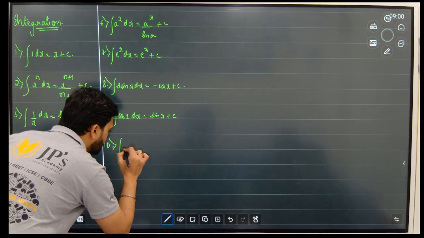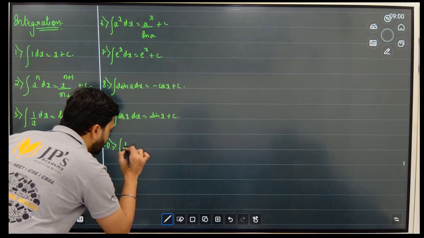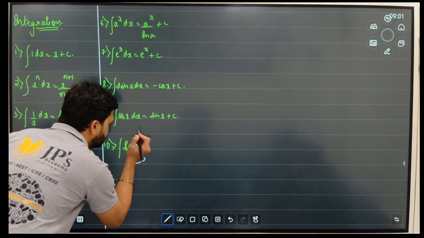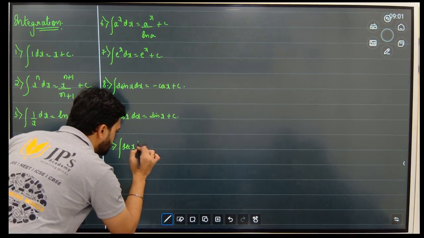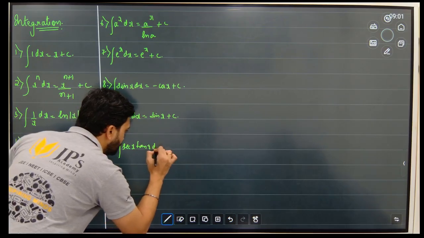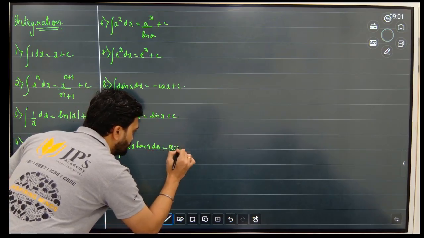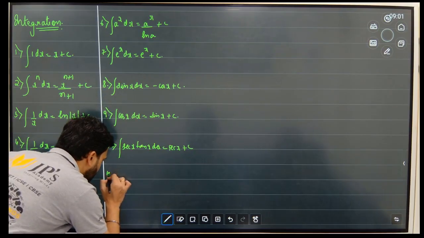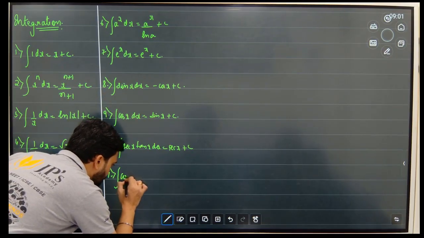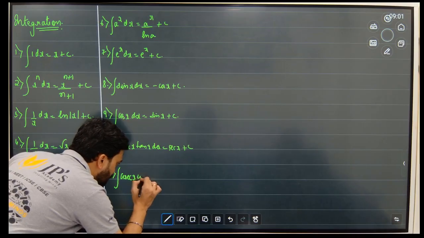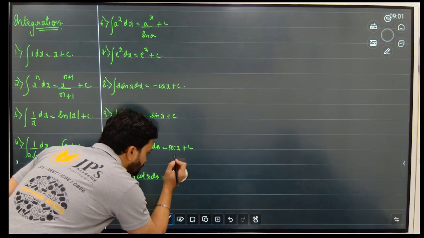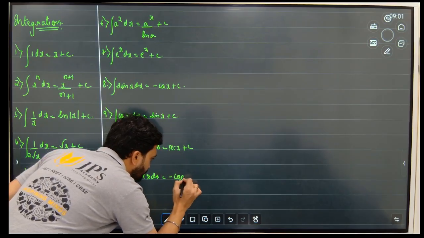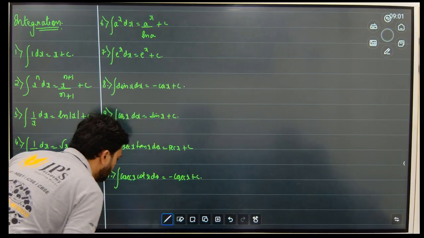Integration of sec x tan x dx is equal to sec x plus c. Integration of cosec x cot x dx is equal to minus cosec x plus c.